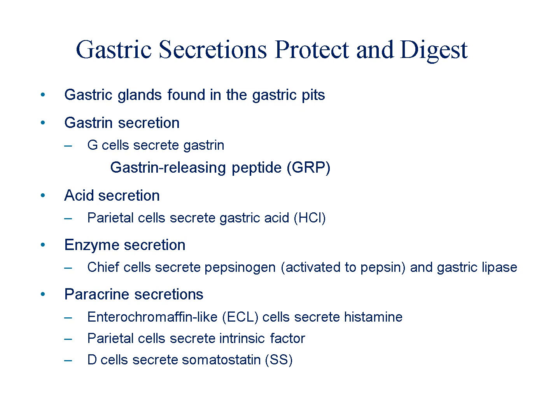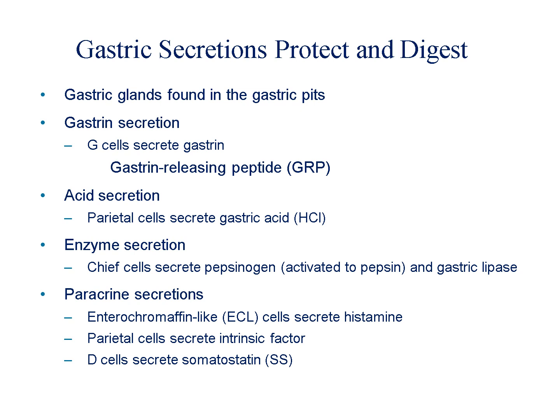In addition to enzymes and acid, the stomach also releases paracrine signals, which help regulate digestion. Enterochromaffin-like cells secrete histamine, which stimulates acid secretion. Parietal cells also produce intrinsic factor, a protein necessary for the absorption of vitamin B12 in the small intestine.